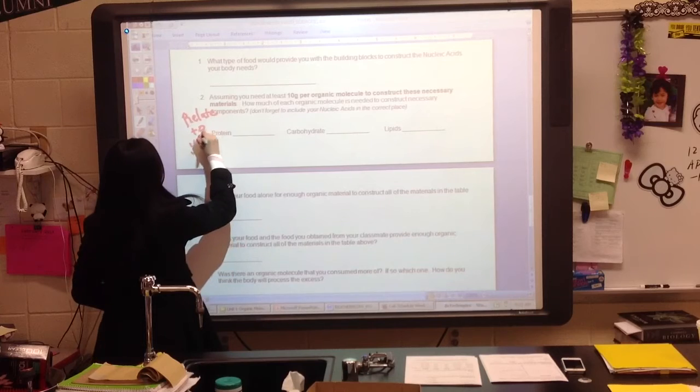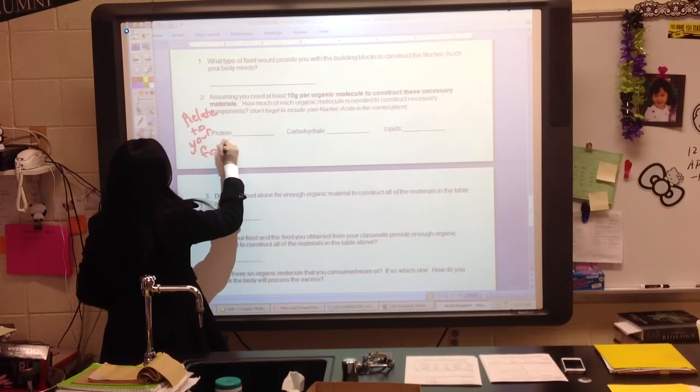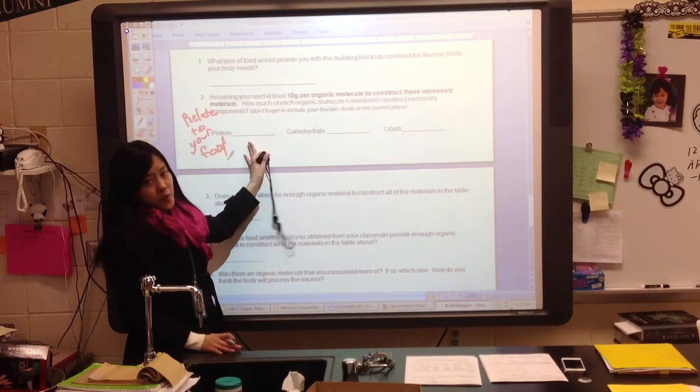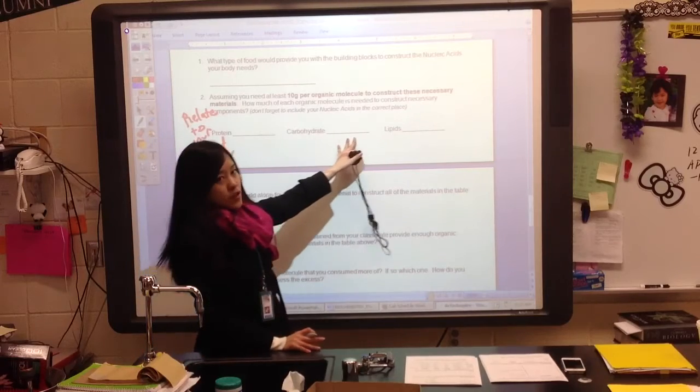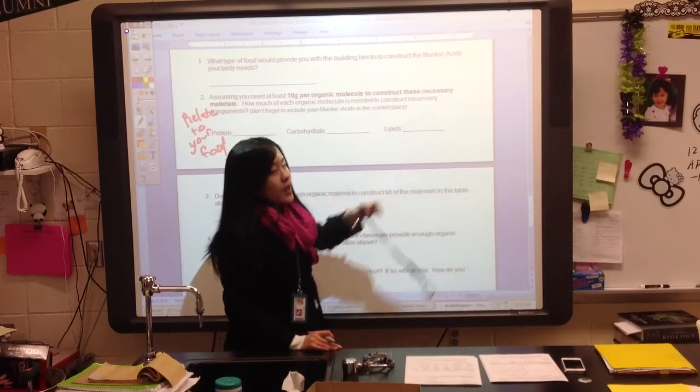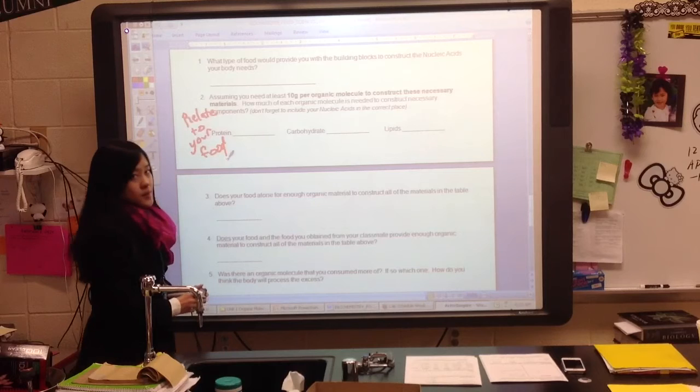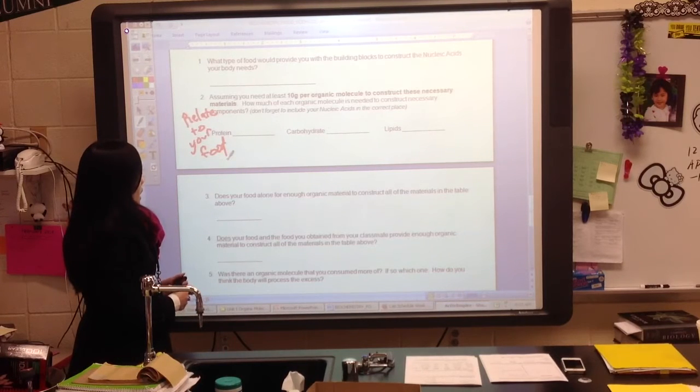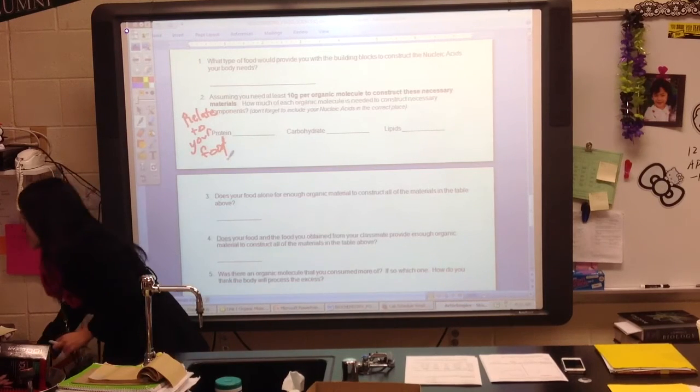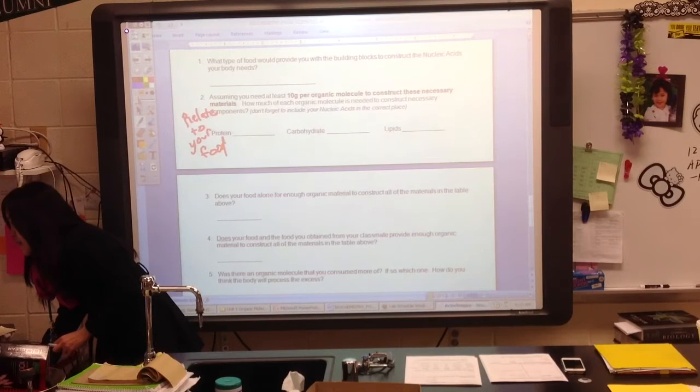Does your food contain 10 grams of protein? Does your food contain 10 grams of carbohydrates? Does your food contain 10 grams of lipids? Okay? And that right there, we're just comparing those things.